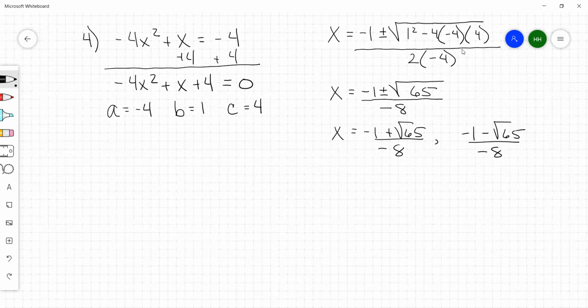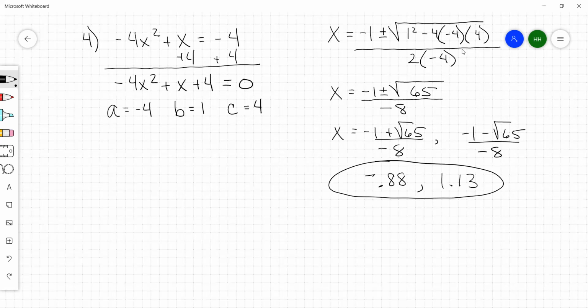Negative 1 plus the square root of 65, divided by negative 8, and we get negative 0.88. And then negative 1 minus the square root of 65, hit the equal sign, and divide it by negative 8. And we get 1.13. So those are your two solutions: negative 0.88 and 1.13.